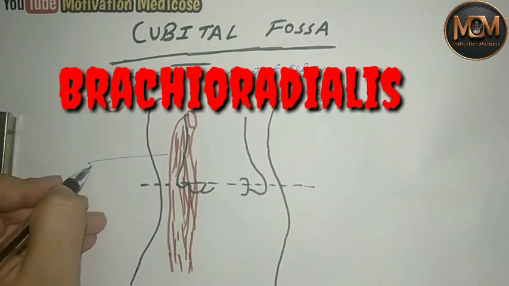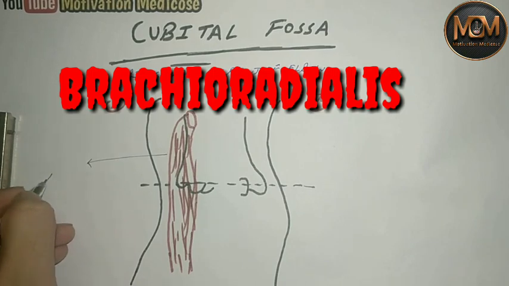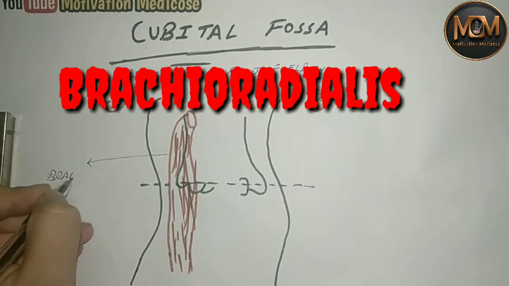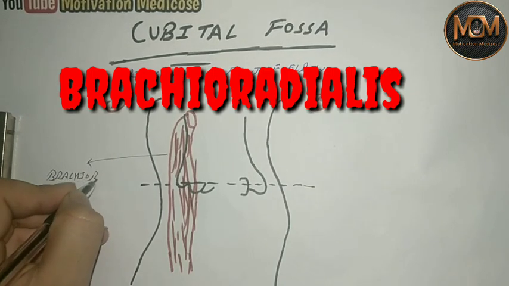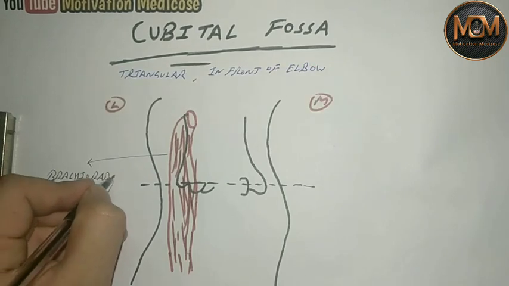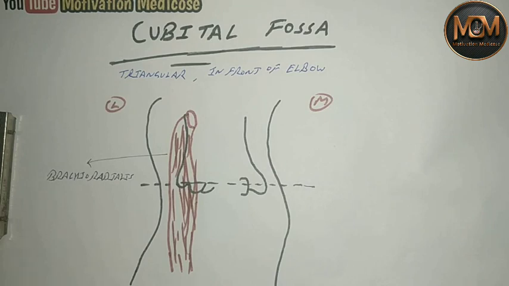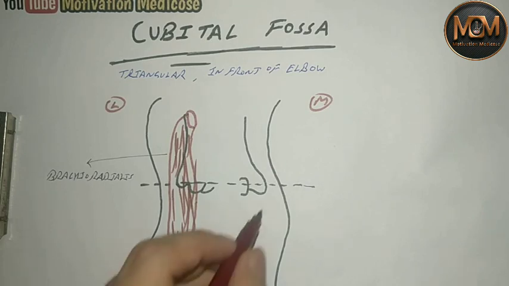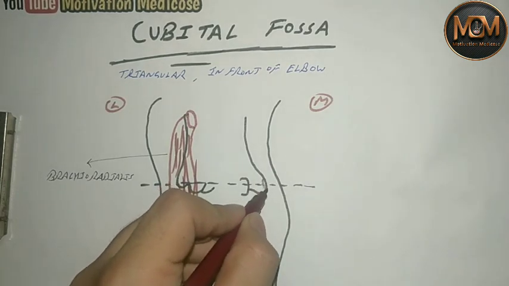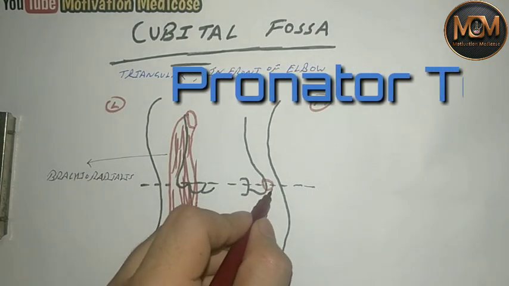On the medial side is one muscle which comes from the medial epicondyle, the pronator teres.